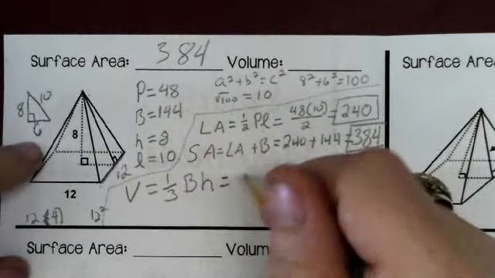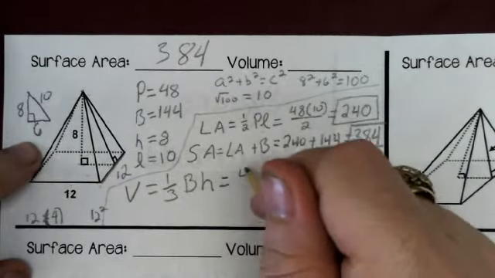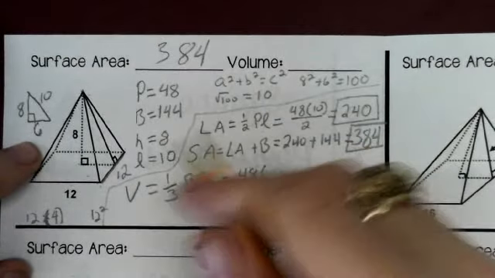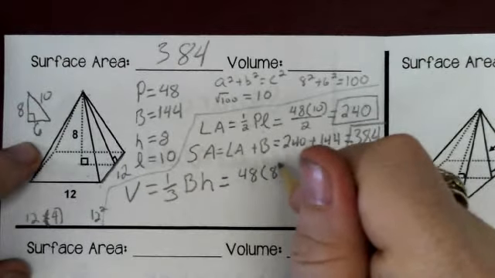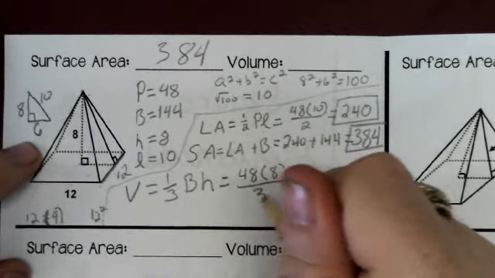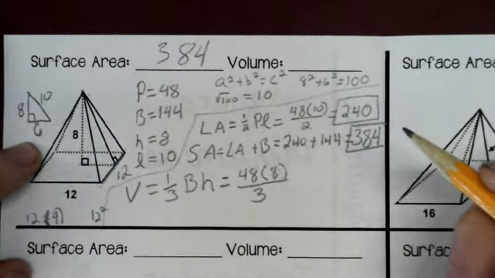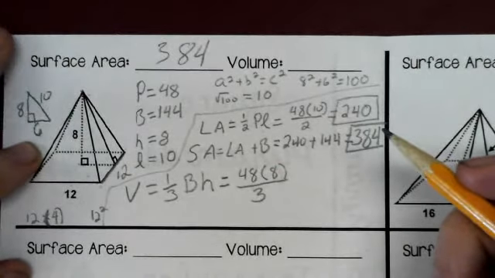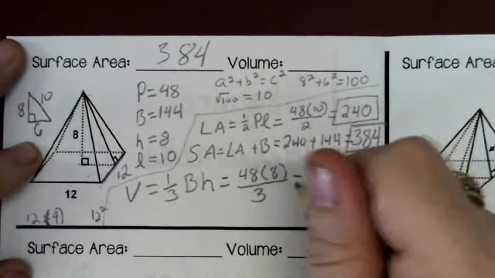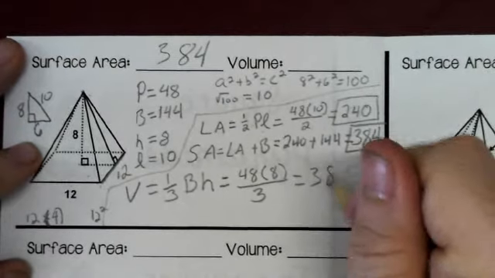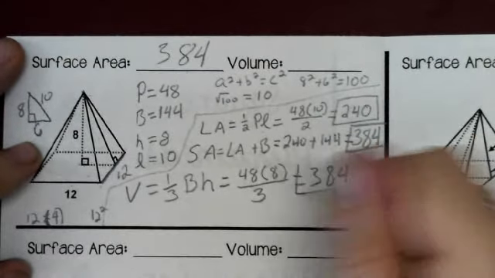So now I can go ahead and the area of the base is 48. The height is 8. And this time I'm going to divide by 3. 48 times 8 divided by 3. And that's going to give me 384.